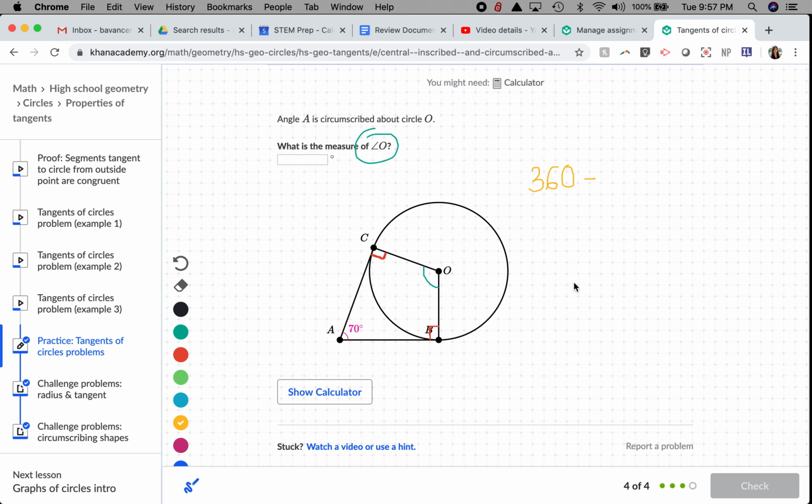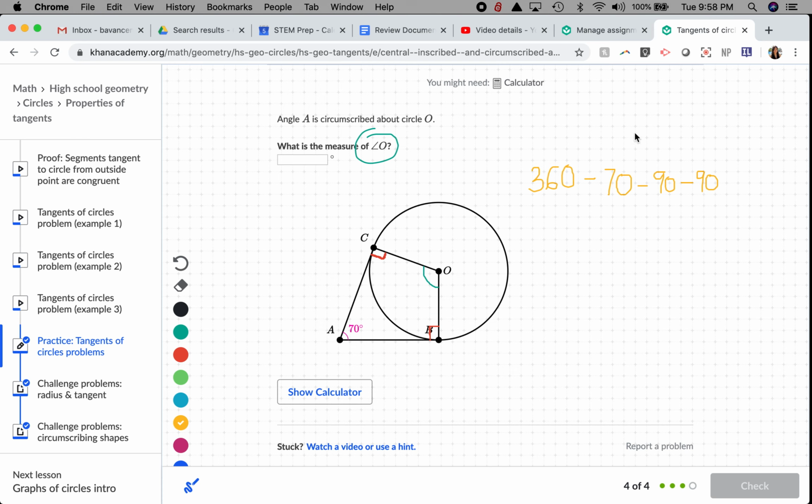So we already have 70 degrees, which was given to us. And we've got 90 degrees, which we know because a tangent line intersecting with a radius will always form a right angle. And we got another 90 degrees right here. And whatever is missing will be the measure of angle O.